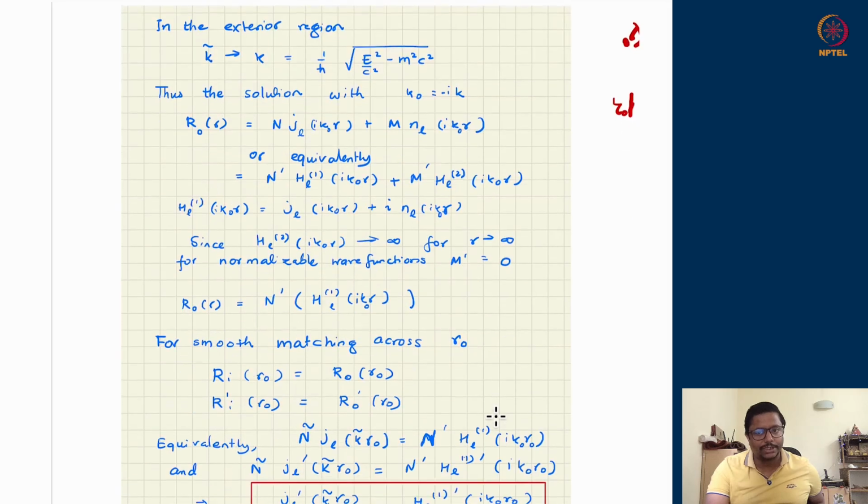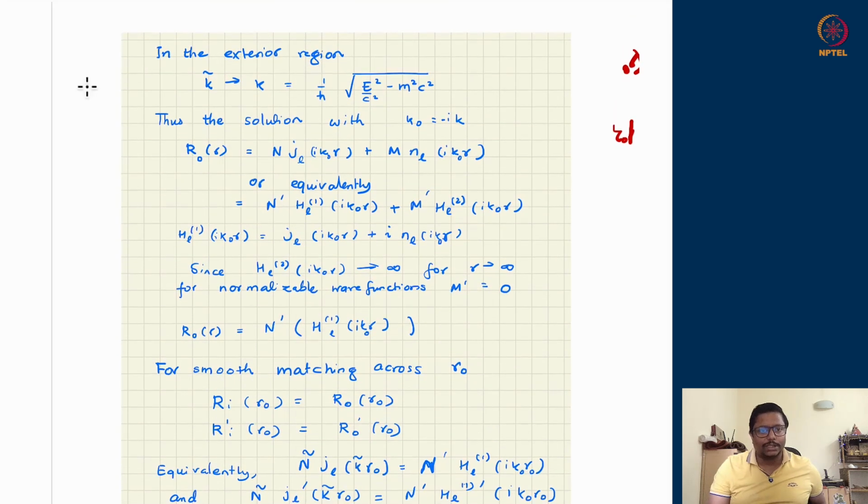For region 2, which is the exterior region, you can do this analysis once more and you can try to see that k tilde will be replaced by k, V naught will vanish to 0, and I have this equation. Again, you can see here I can use identification kappa, which is minus iota times k. That is just a variable substitution, what I'm trying to do.